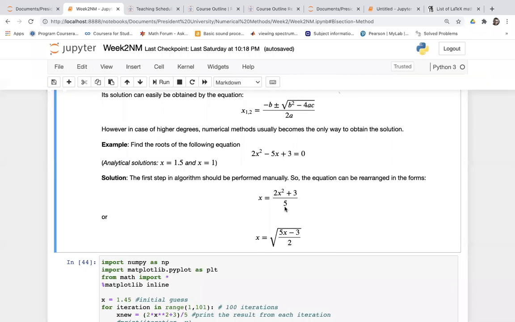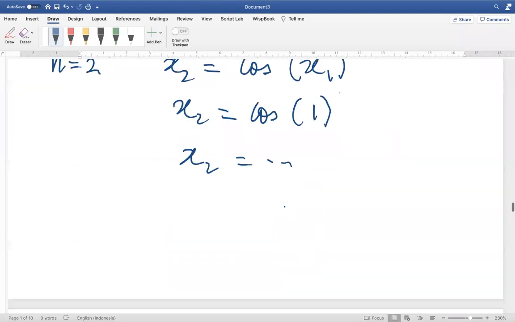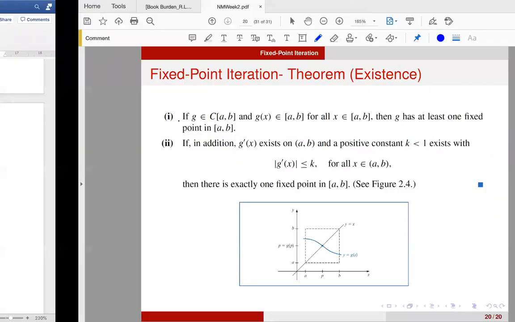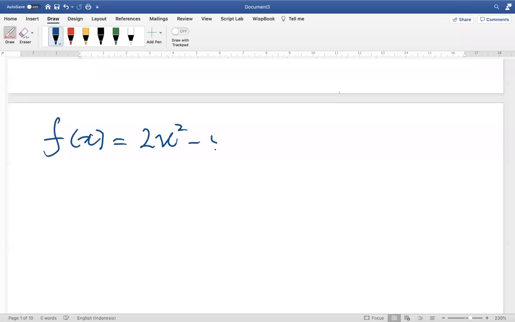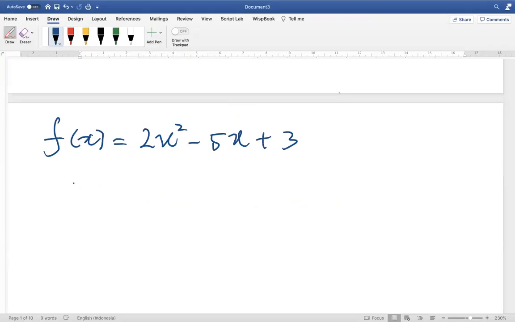We have 2x squared minus 5x plus 3. Let's say f(x) equals 2x squared minus 5x plus 3, and we want to solve f(x) equals 0.